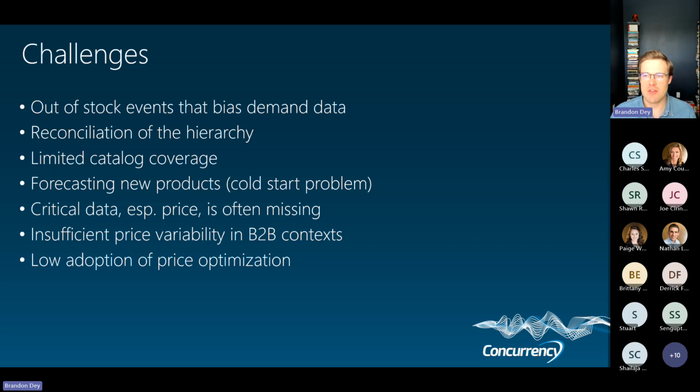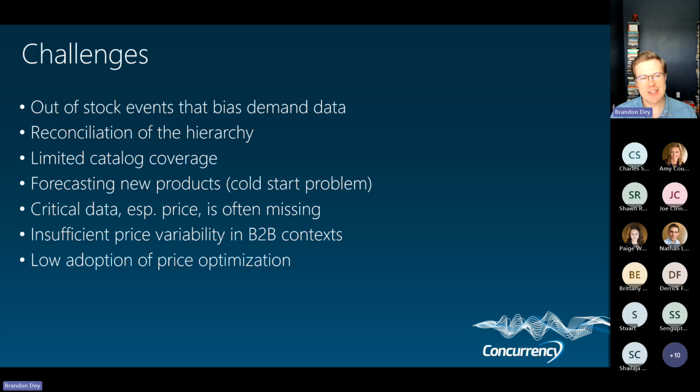If you have a data point on how many, let's say, tubes of toothpaste were purchased because you're a big grocery store that sells toothpaste, but you ran out of toothpaste and so didn't have the opportunity to sell it. Well, now you've got what's called censored data, and that kind of screws things up on the technical side, on the statistics side. You can address it, but that is a challenge that needs to be mitigated.